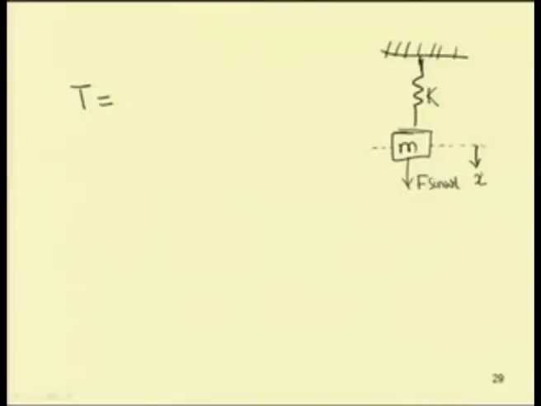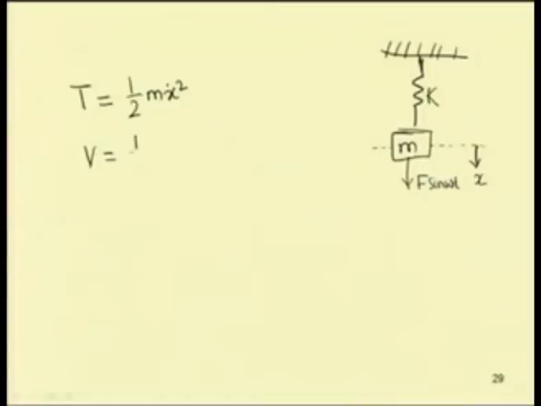The kinetic energy can be written as half m x dot square, where x dot represents the velocity of the mass. Then the potential energy of the system V, as we are writing about the equilibrium position, will be due to the motion of the spring only.